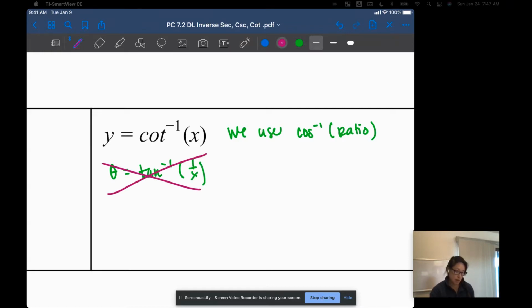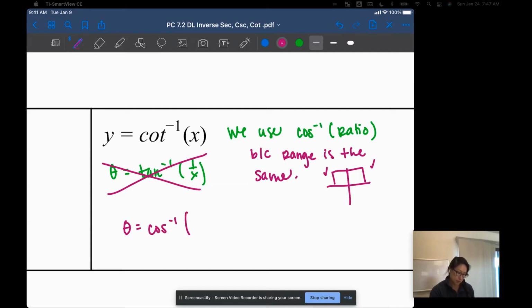We don't use that one. We use cosine inverse because the range is the same. The quadrants that we get our answers from are the same. Remember, the range for cosine inverse is quadrant 1 and quadrant 2. So we're going to use theta is equal to cosine inverse of 1 over our given ratio.